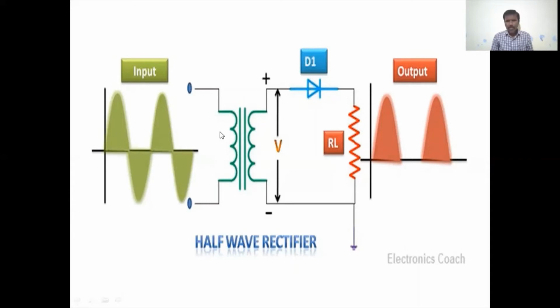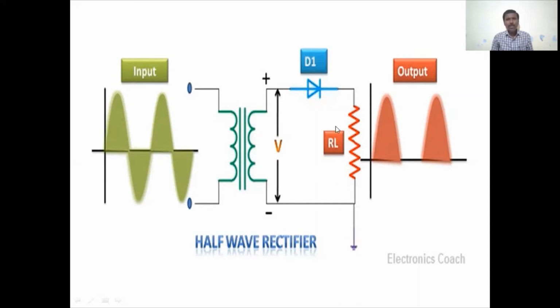This is the positive terminal and this is the negative terminal of the secondary coil of the transformer. This is the diode, D1. This is the positive terminal of the diode and this is the negative terminal of the diode. Next, RL indicates the load resistor.